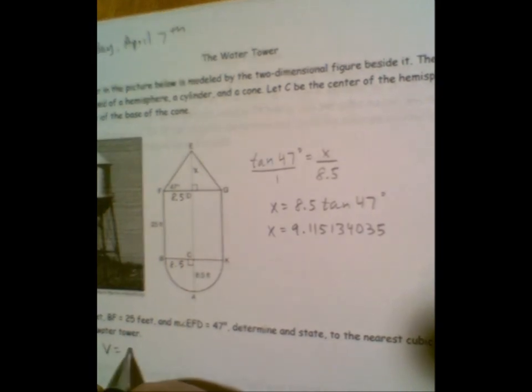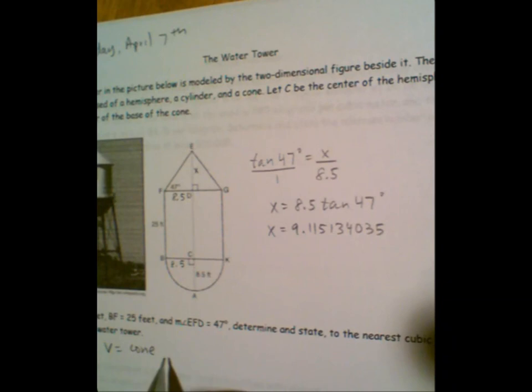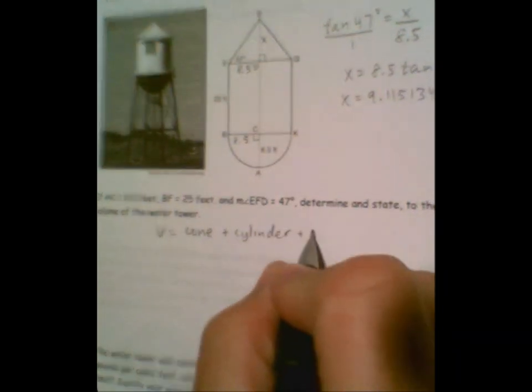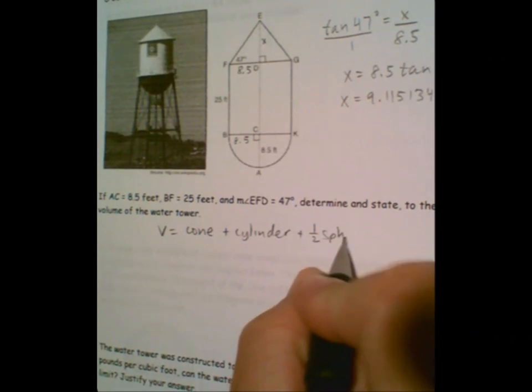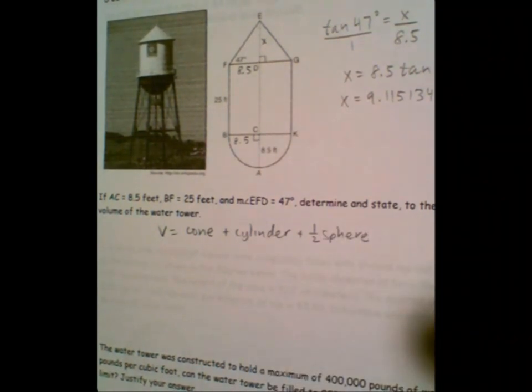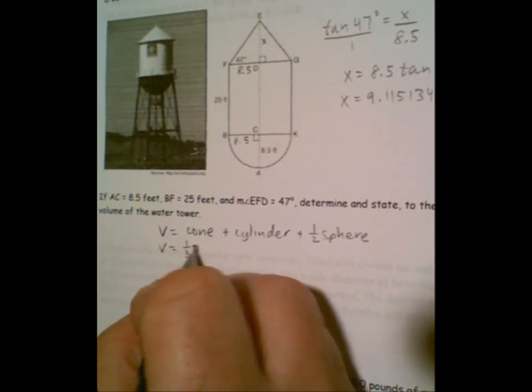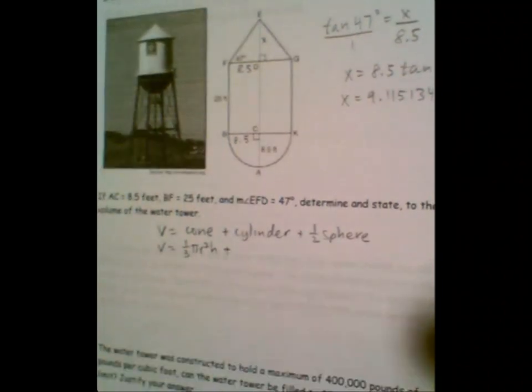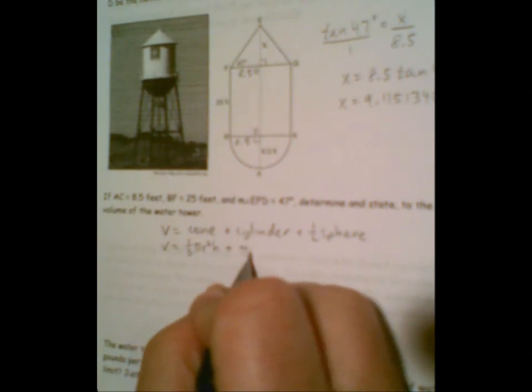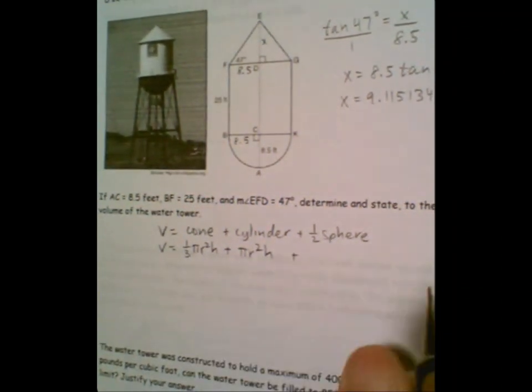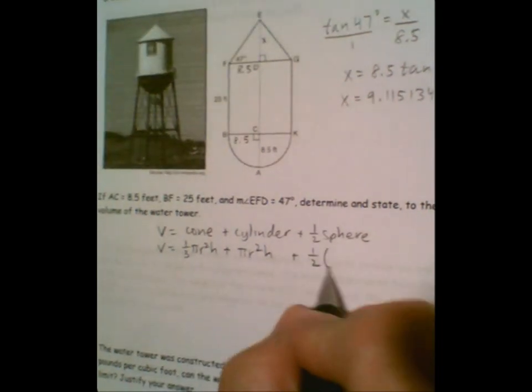Volume is equal to the cone plus the cylinder plus 1/2 of the sphere. So the volume of a cone is 1/3 pi r squared h. The volume of a cylinder is pi r squared h. And the volume of a sphere is 4/3 pi r cubed, but it's 1/2 of that.